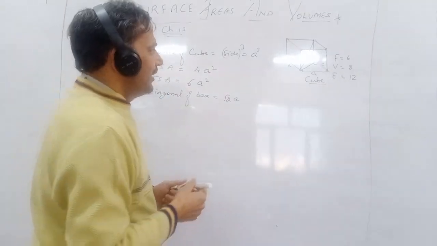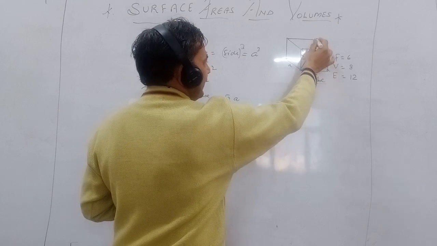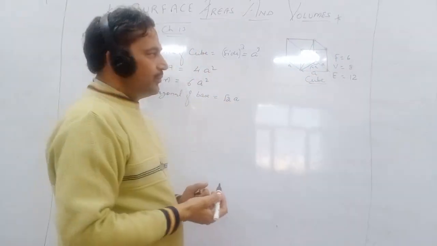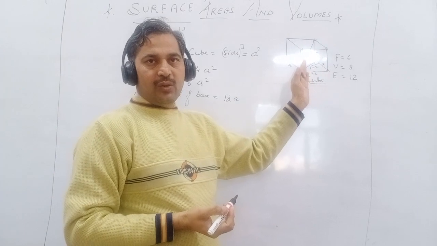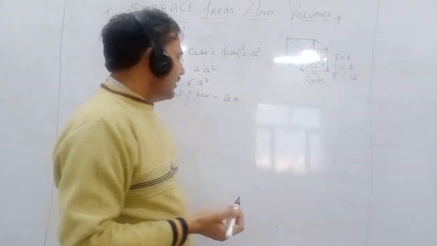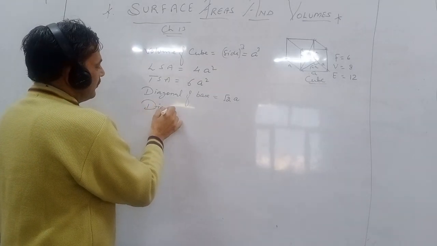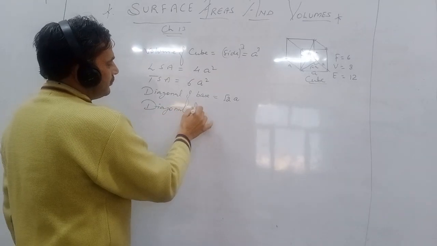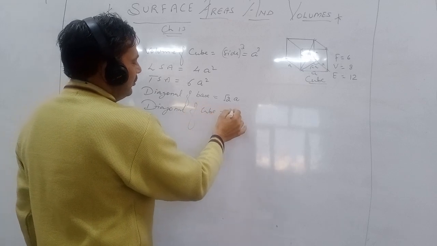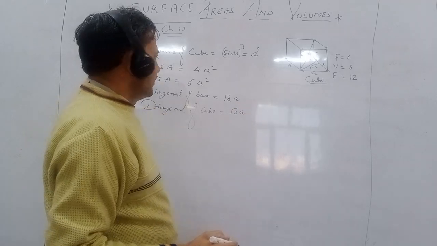So how to find it here? The base diagonal is root 2a and the height is a. Apply the Pythagoras theorem. This is the derivation, no need to cram. Base root 2a and a. So applying it to the diagonal of the cube, dear students, it comes root 3 into side.